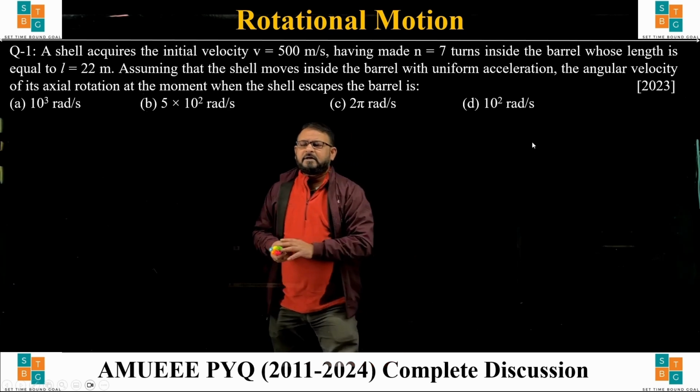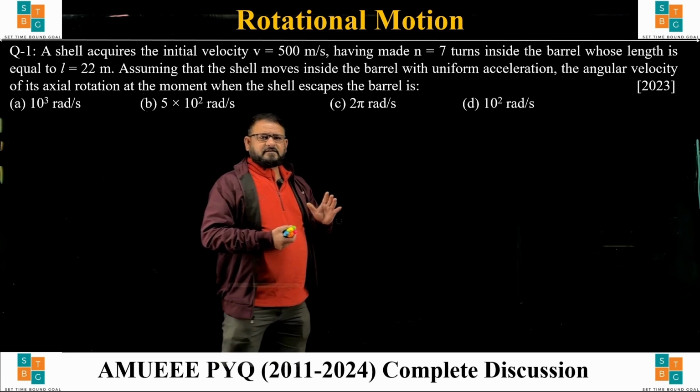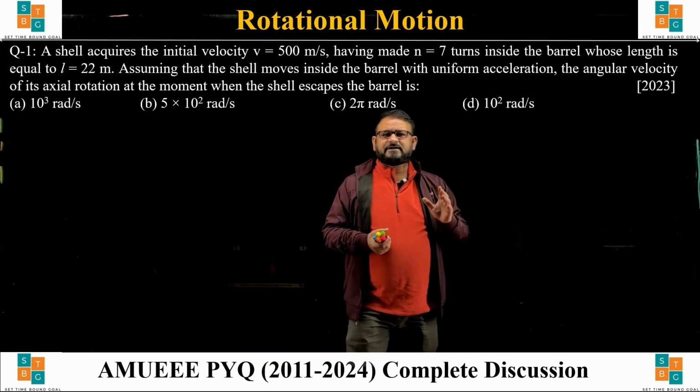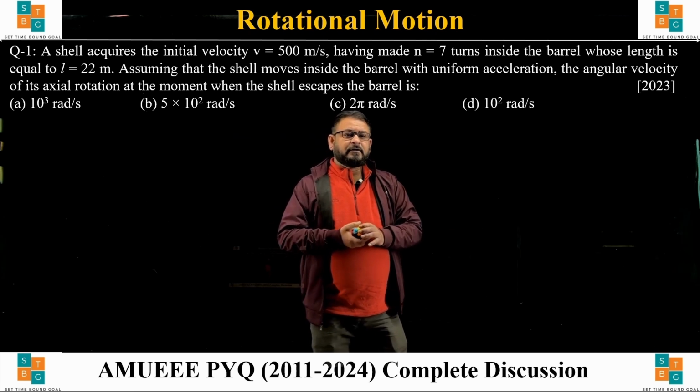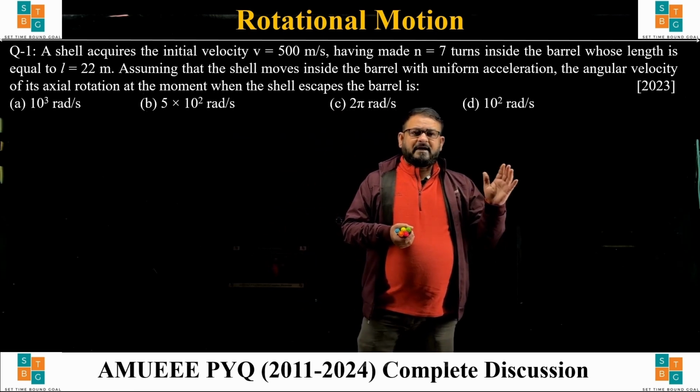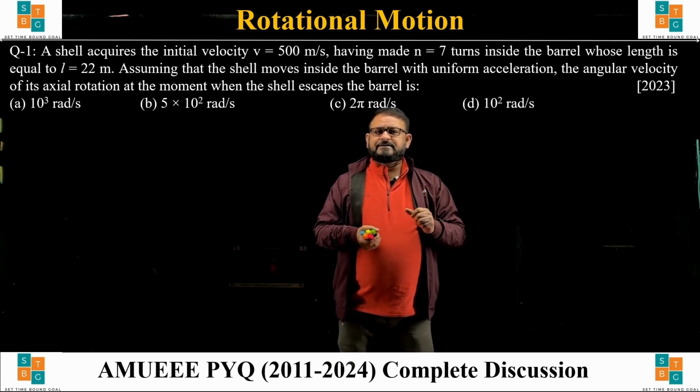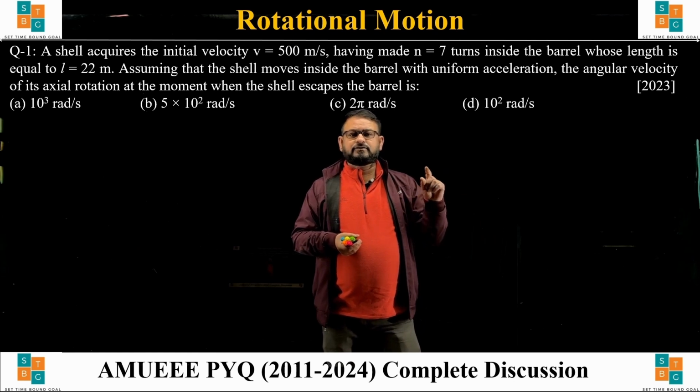Okay, all right. The first question says that a shell acquires an initial velocity of 500 meters per second, which is quite a lot, having made 7 turns inside a barrel whose length is equal to 22 meters.